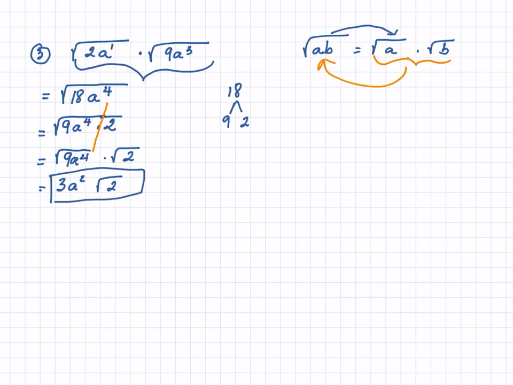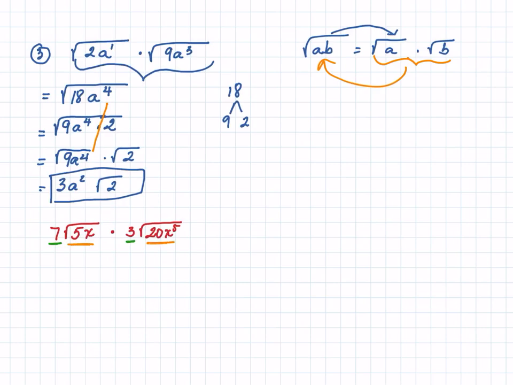Okay, let's take another example. Let's say I have this one right here. Let's say I have this expression. I want to multiply together. I can multiply the numbers outside together, and then I can multiply the numbers inside together.